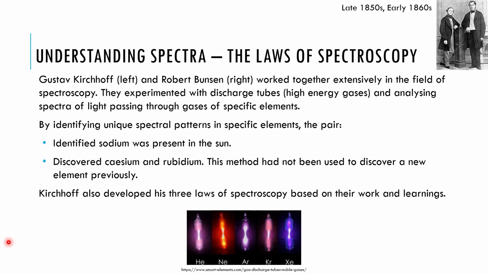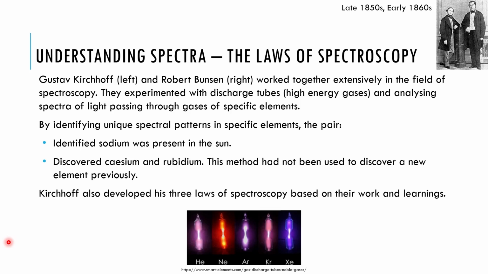As we progress into the mid-1800s, we start to get a little bit of a clearer understanding of spectra. Gustav Kirchhoff and Robert Bunsen were a pair who were quite prevalent in the field of spectrometry and completed a lot of experiments together. Their particular focus was with discharge tubes, which we've looked at before in class. By placing a high voltage between specific gases, you are able to make that gas light up with specific colours.